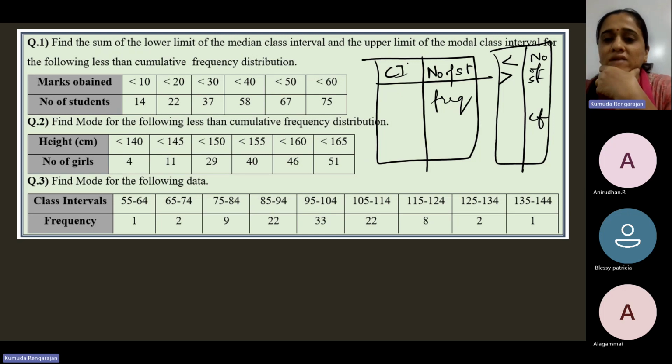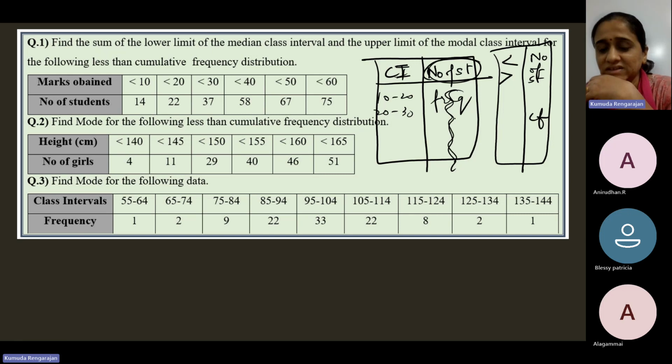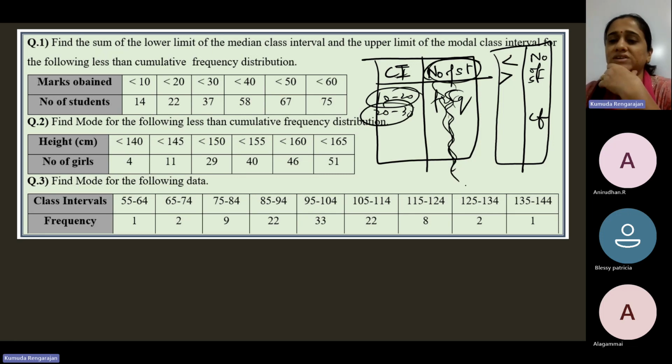In the table, if you have class intervals, that is 10 to 20, 20 to 30, and some numbers under the heading number of students, these numbers are frequencies.